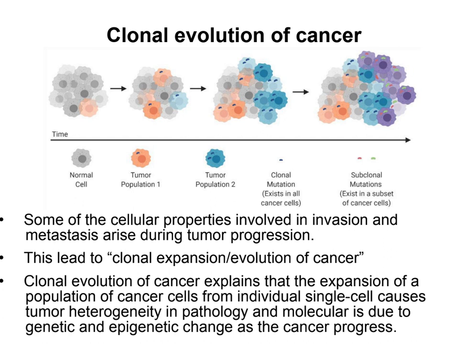So over time, we have all these different subclones within our tumor population. Some of these cells will not be good at invading and doing metastasis, and some will evolve the properties to be able to invade and do metastasis.